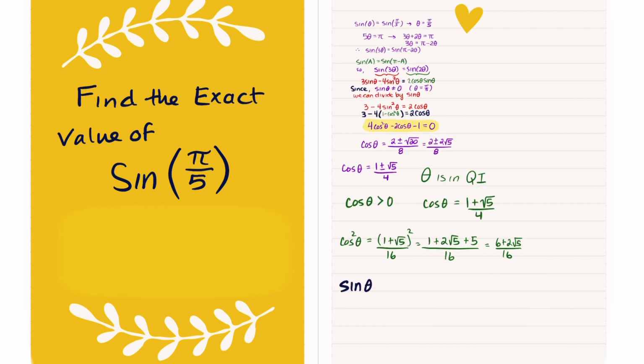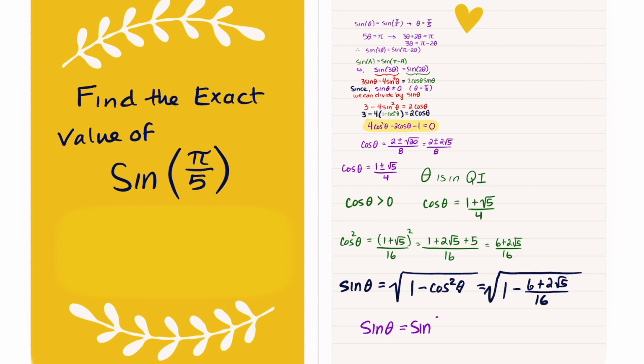Now, what we're really after is the sine of theta, because the sine of theta represents the sine of pi over 5. And using another Pythagorean identity here, we can write sine as the square root of 1 minus cosine squared. So now taking what we found for cosine squared and substituting it into this formula, we have the square root of 1 minus 6 plus 2 rad 5 over 16.